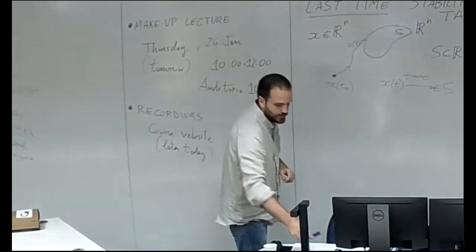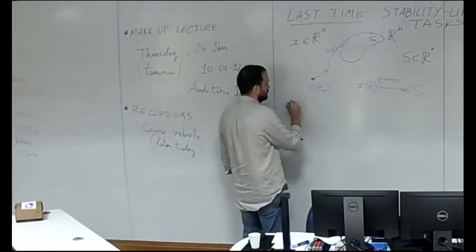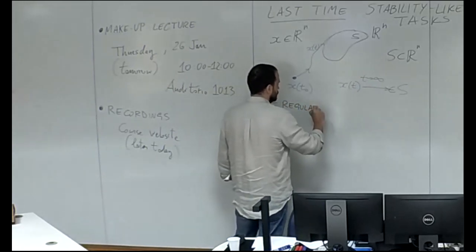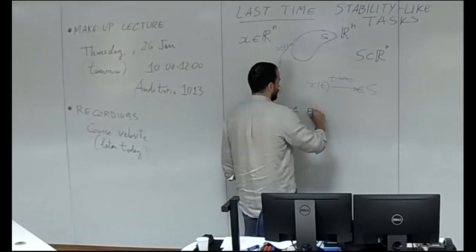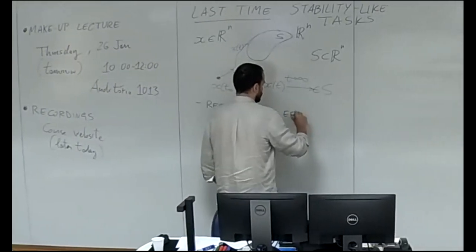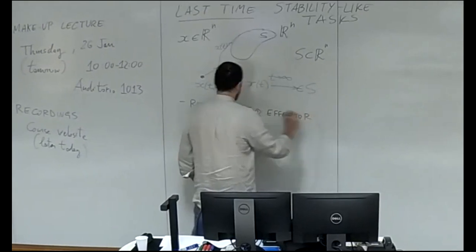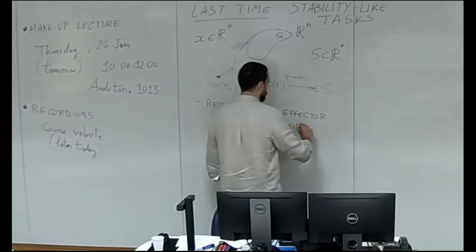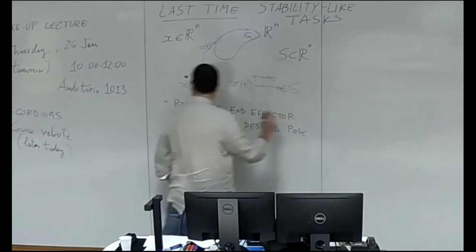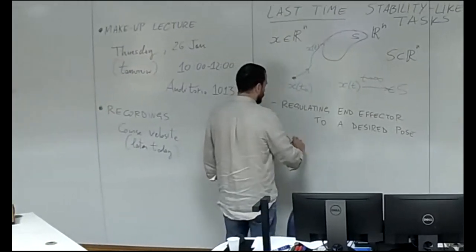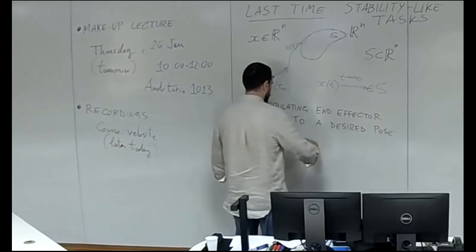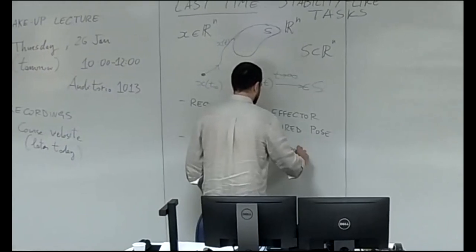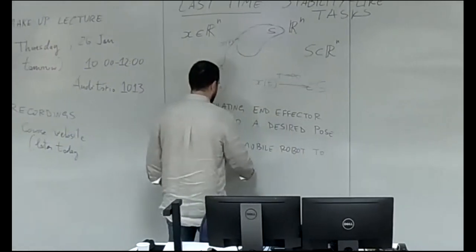And we said examples of these tasks are regulating the end effector force of the manipulator to a desired value, or driving a mobile robot to a desired location.